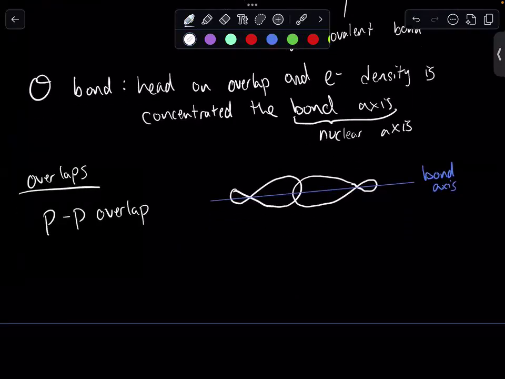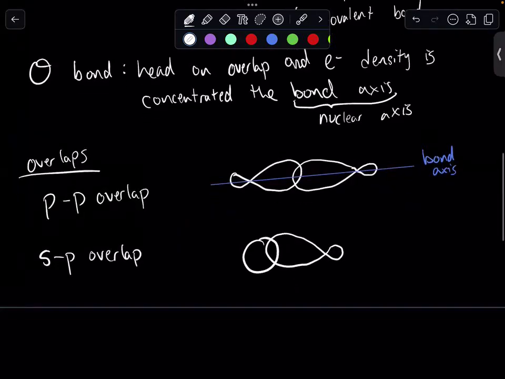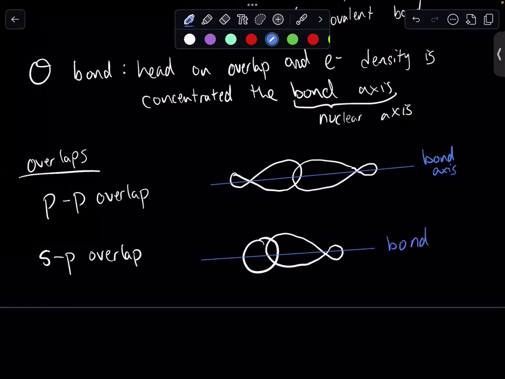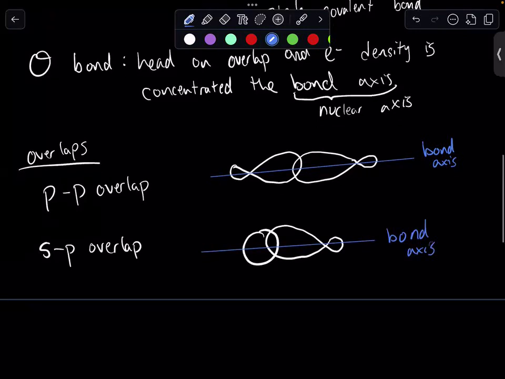We also have s-p overlap. So you'll start to notice that we actually really need to understand the shape of these orbitals as we talk about sigma bonds, because the shape is going to dictate this overlap and where it actually occurs. So this is our s-p overlap.